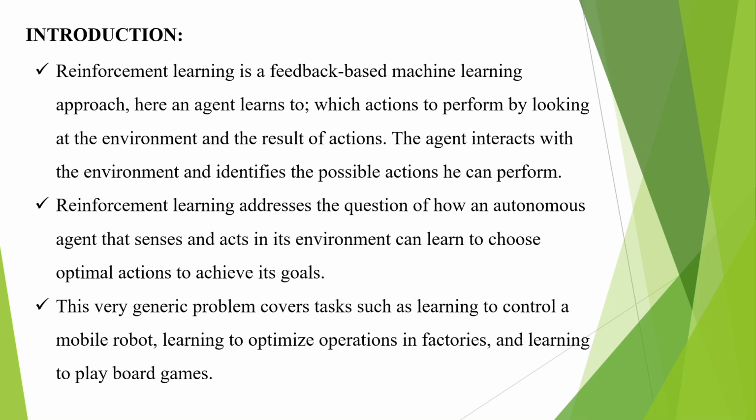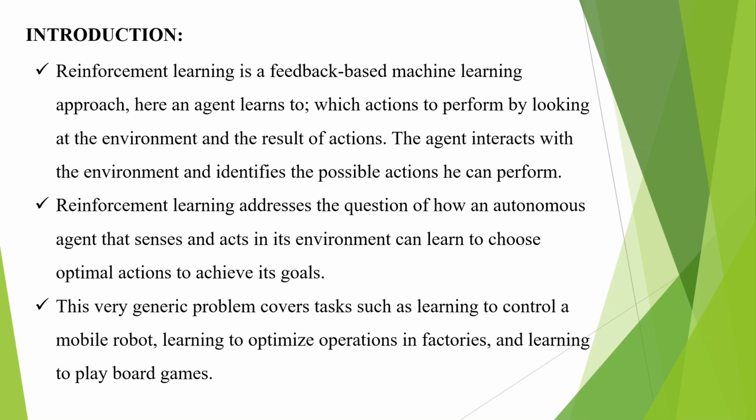The way a robot works in the real-time environment is purely based on reinforcement learning. It will perform a particular action. If it is successfully performed, it records that action as a successful action.